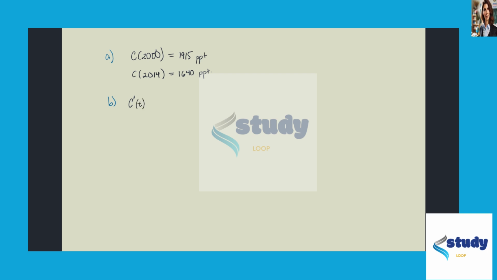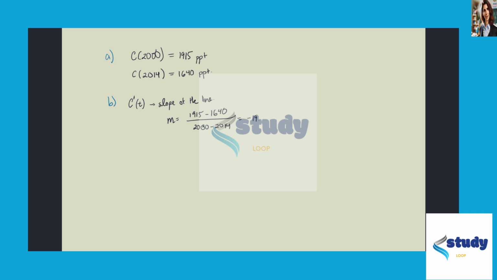So C prime of t is the slope of the line, and in this case we can compute that slope. We are going to denote it by m by computing the quotient. At the top it's going to be the difference in concentration over the difference in time.